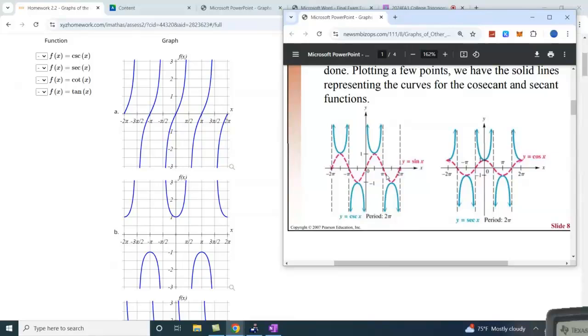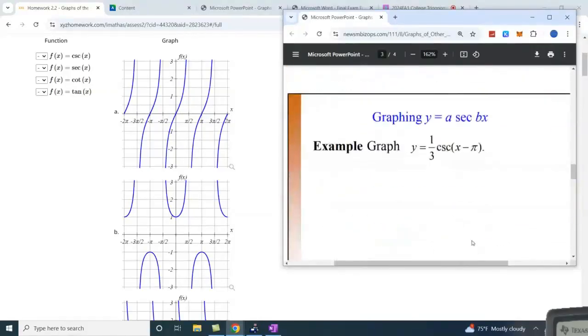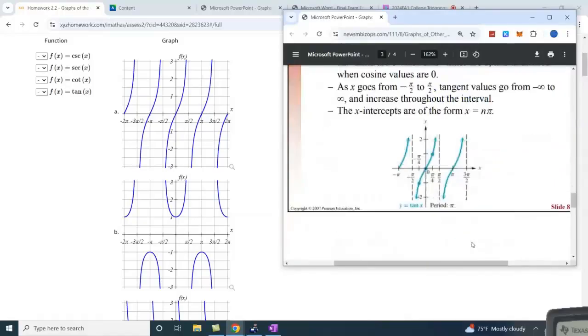So for the first graph, remember we talked about tangent. As you read tangent from left to right, it goes up. And then cotangent, as you read it from left to right, it goes down. So this very first graph is actually going to be a graph of what? I believe it should be a graph of tangent x, right?